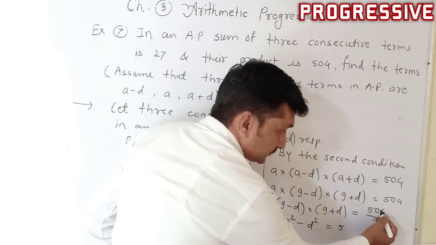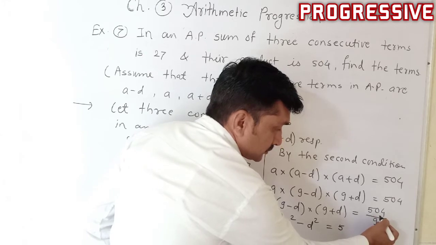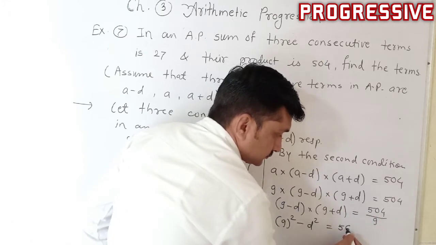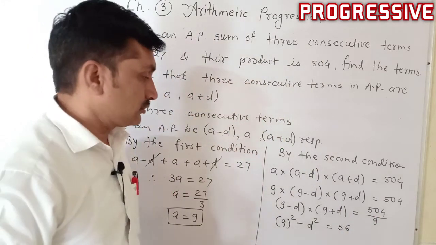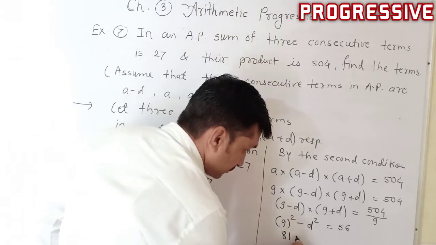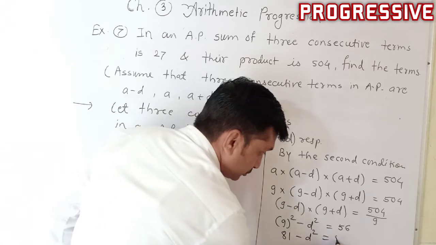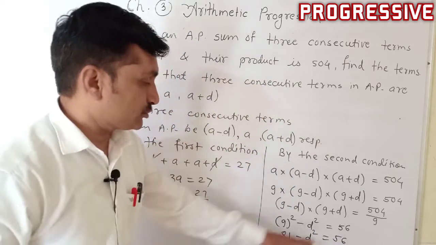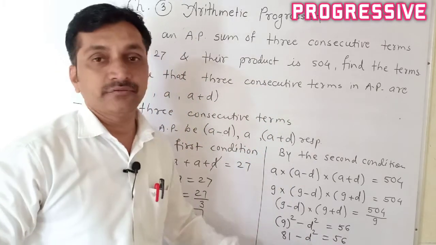Now 9 square, 81, minus d square is equal to 56. By solving this we get the d value.